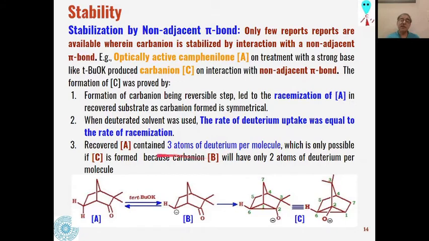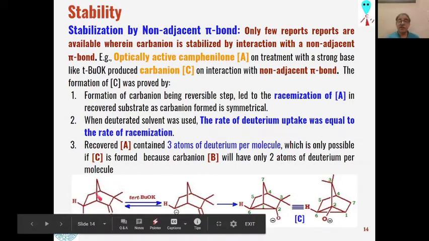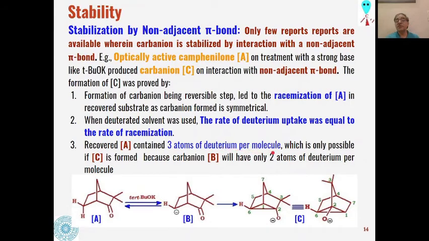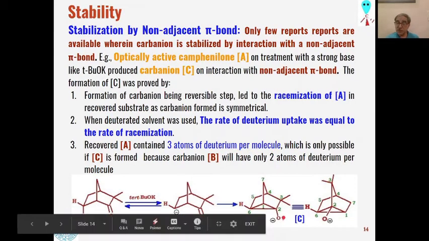The recovered A contained 3 atoms of deuterium per molecule. Uptake of 3 atoms of deuterium is only possible if this type of carbanion is formed. Otherwise, only 2 atoms of deuterium would be possible if carbanion B alone were present. So 3 atoms of deuterium per molecule in racemization can only take place if there is an existence of a carbanion having structure C.